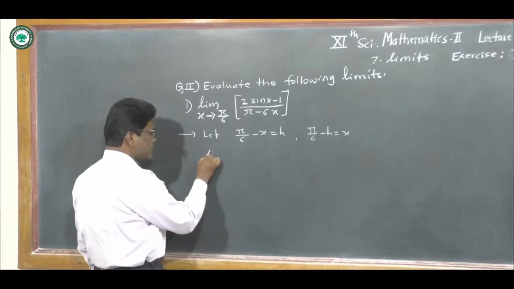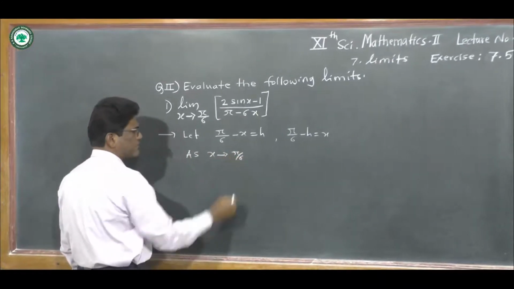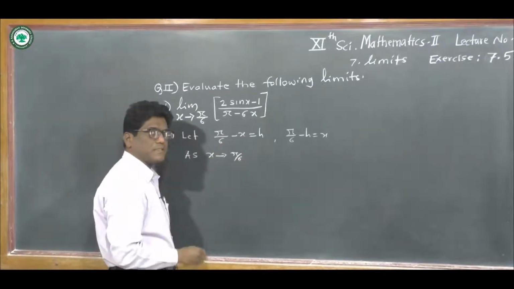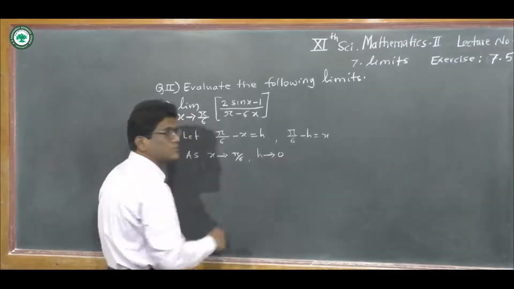So as x tends to pi by 6, if we put x as pi by 6, the pi by 6 gets cancelled, so we get h as 0. So we write h tends to 0.